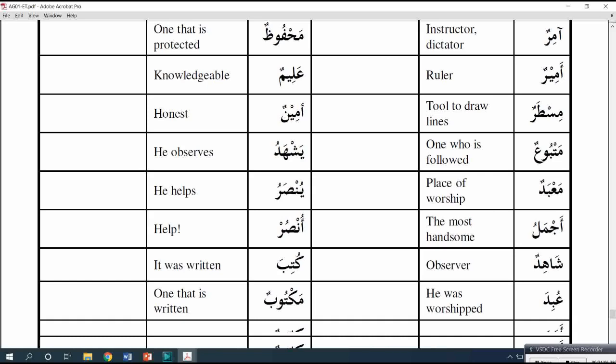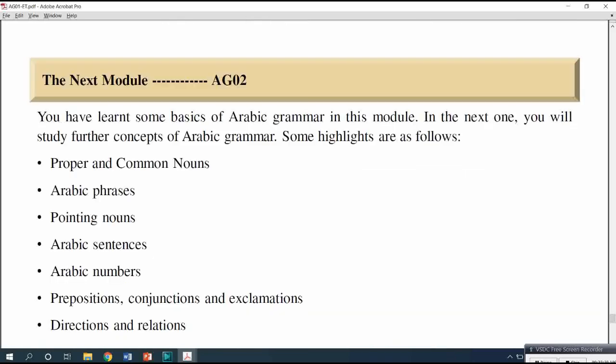Please try it, inshallah. In the next book, next module, AG02, you will learn some basics of Arabic grammar. In the next one, you will study further concepts of Arabic grammar.